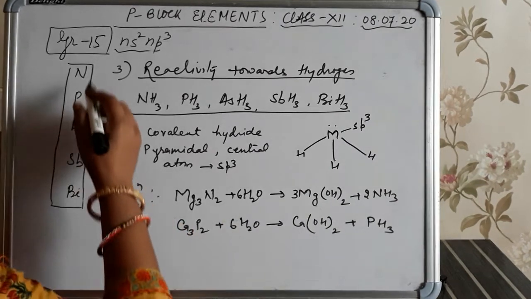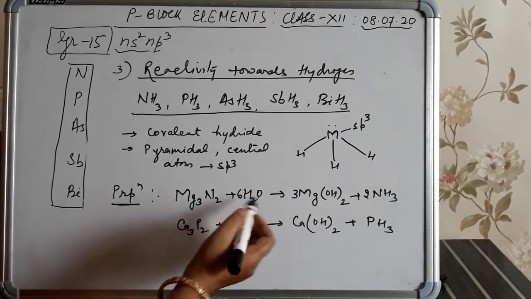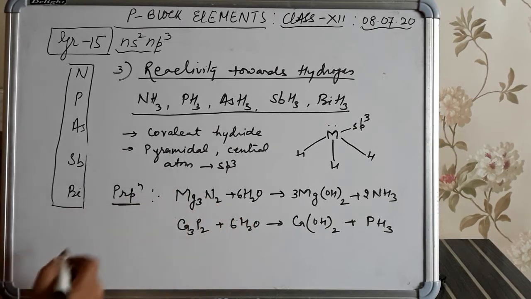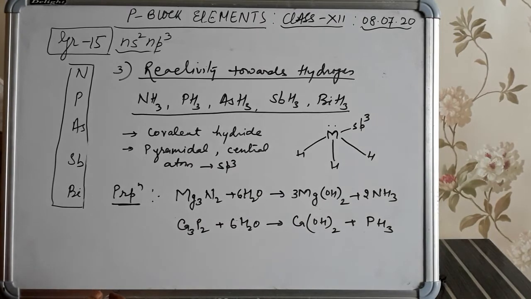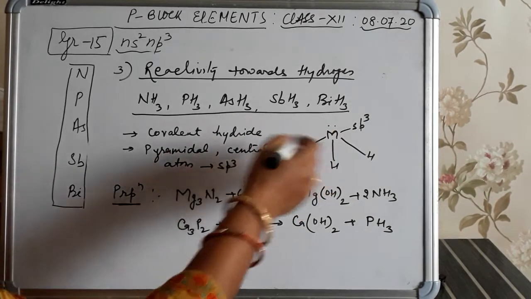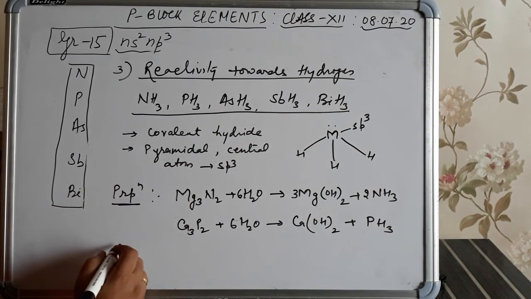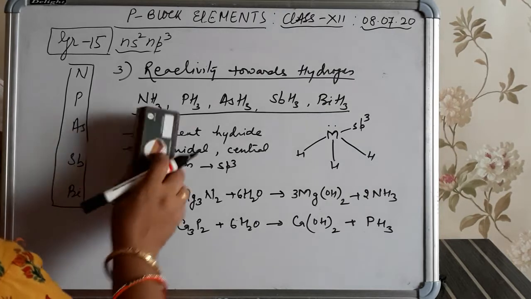In this way we can prepare the hydrides of a particular group by hydrolysis of particular salts. So this gives the hydrides of that particular group. Now we discuss the structure of hydrides. We have already discussed. So let's discuss the characteristics of hydrides.